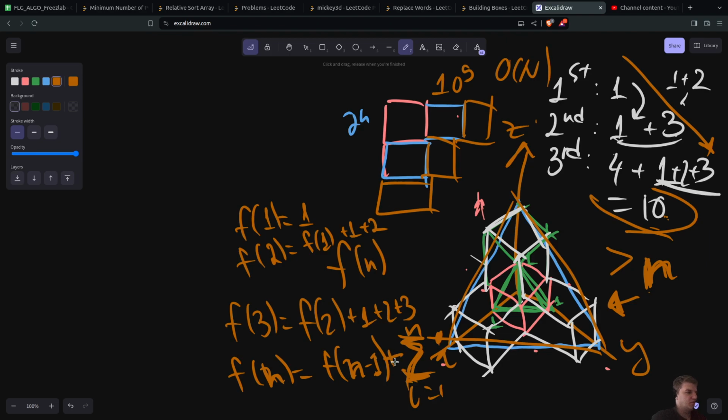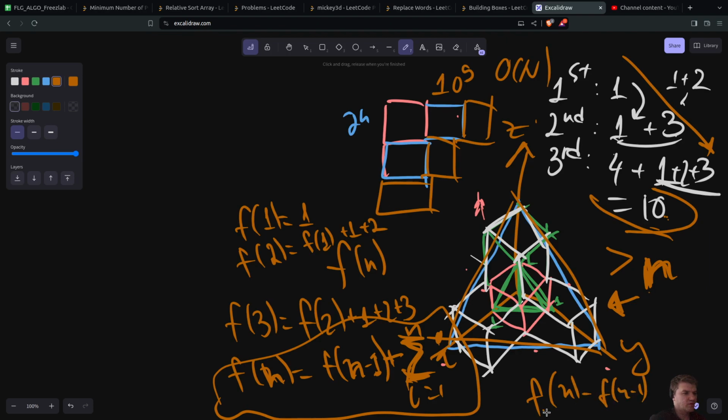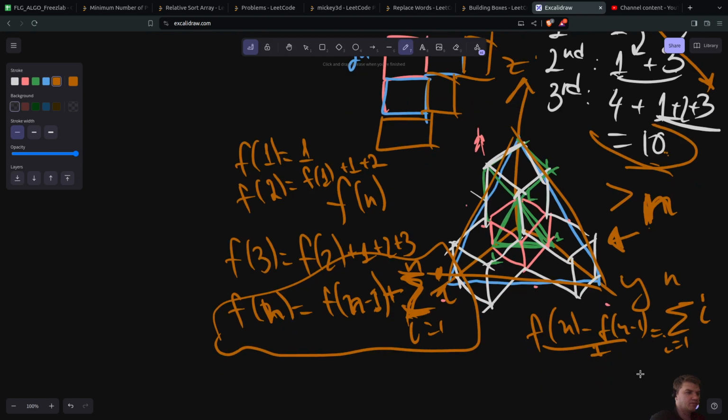So it grows like, I assume it's exponential growth here. So if we count the delta divided by 1 equals the sum of i from i to n.